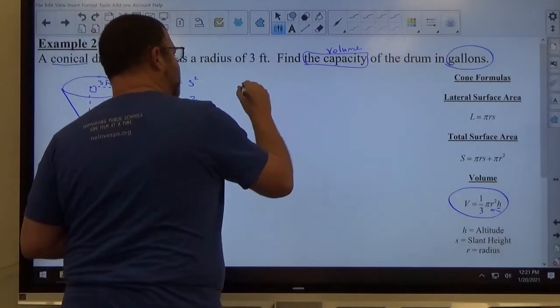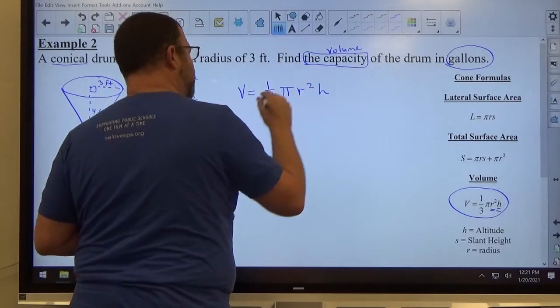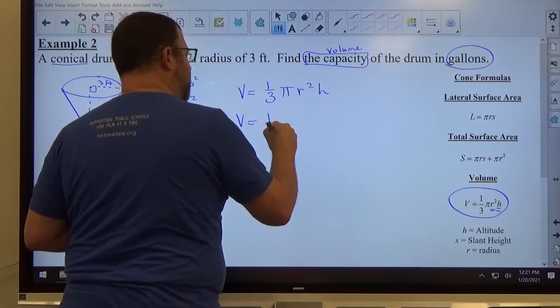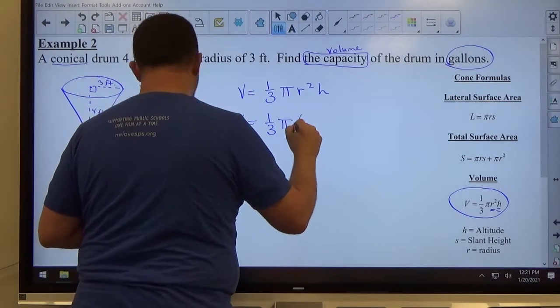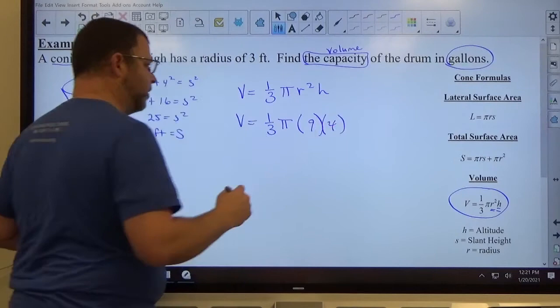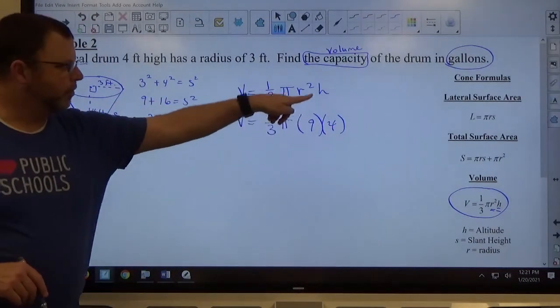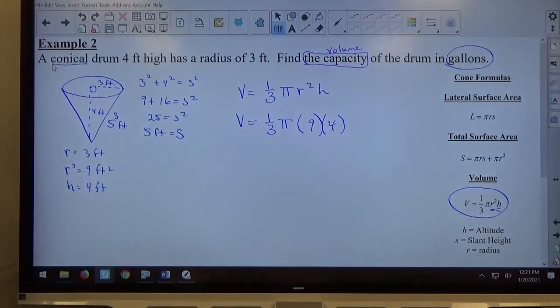So volume is going to equal 1/3 pi R squared H, which is 1/3 pi times 9 times 4. So I'm going to replace R squared with 9, replace H with 4 in the formula. Everything's being multiplied. Once again, I'm in a scenario where my calculator can calculate all that for me.